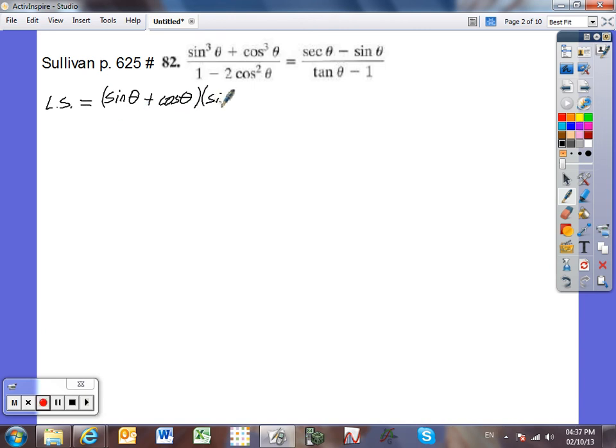My other factor would be sine squared minus, that's wrong, we're going to subtract just one sine theta cosine theta, and then we'll add on the cosine squared at the end. So there's the factorization of the numerator of the left-hand side.